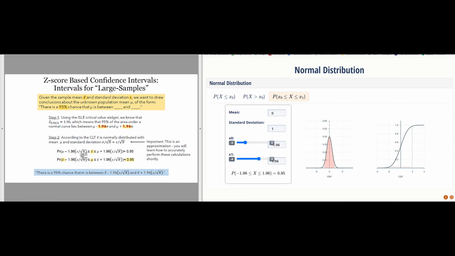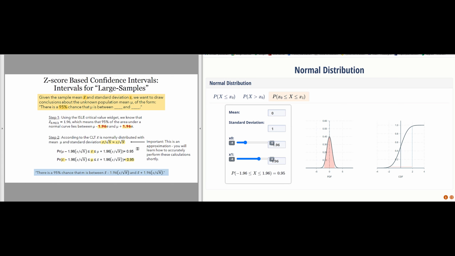Okay, so now that we've demonstrated that these two probability equations are algebraically the same as each other, I do want to point out that we're making an approximation here: that the population standard deviation over the square root of n is approximately the same as the sample standard deviation over the square root of n. That is only an estimate, only an approximation. We need to know about what are called t-scores in order to make this exactly correct.